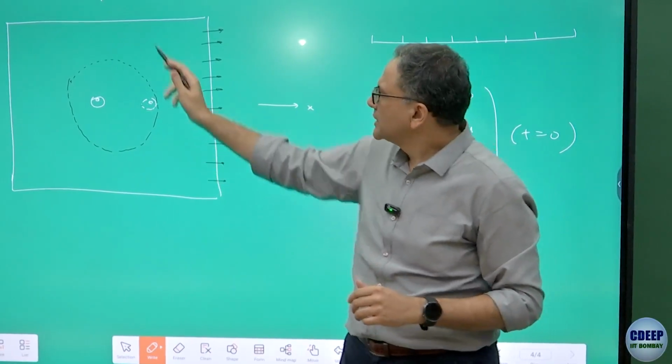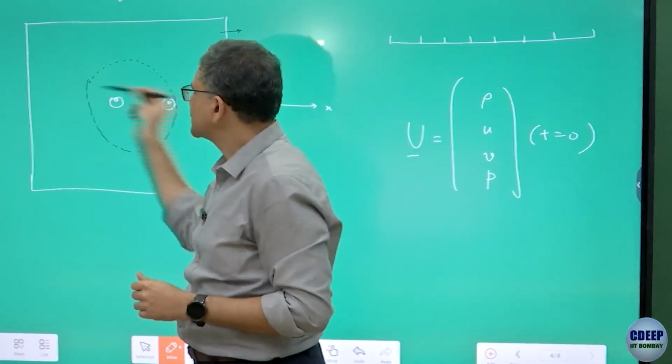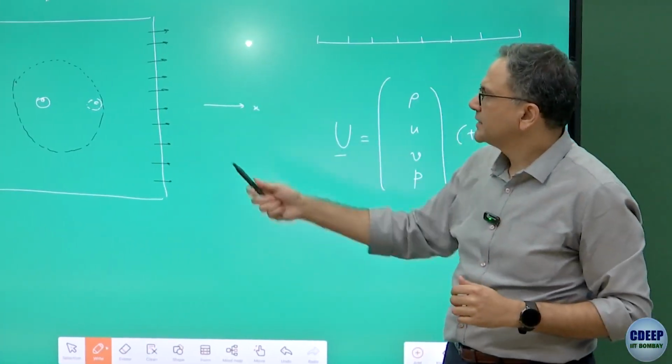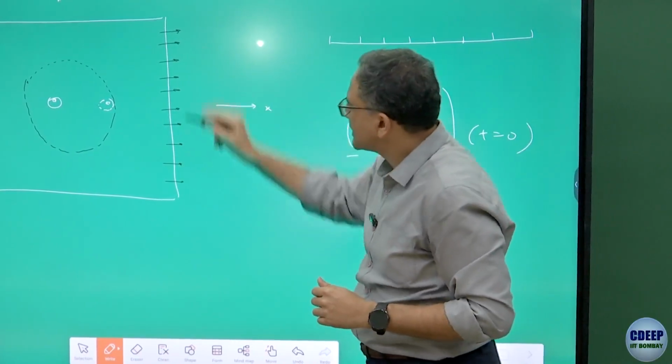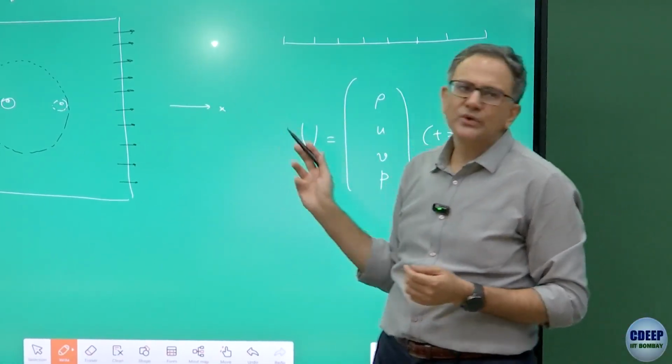There is no entropy wave that can reach these, because you have chosen your x direction to be in the direction of the base flow, and so this vertical boundary is normal to that x direction and the flow is going out of that.